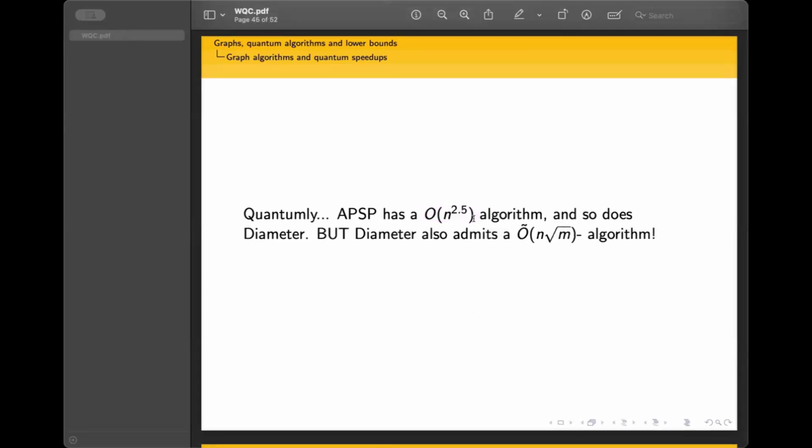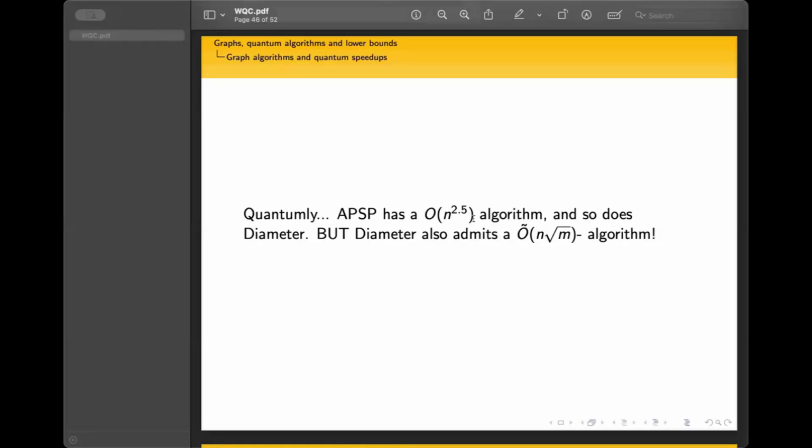But also, interestingly, something that doesn't happen classically, diameter and radius both admit a very efficient algorithm, which runs in n times square root of m, and it's way faster in both sparse cases, so both m equals n and m equals n squared.